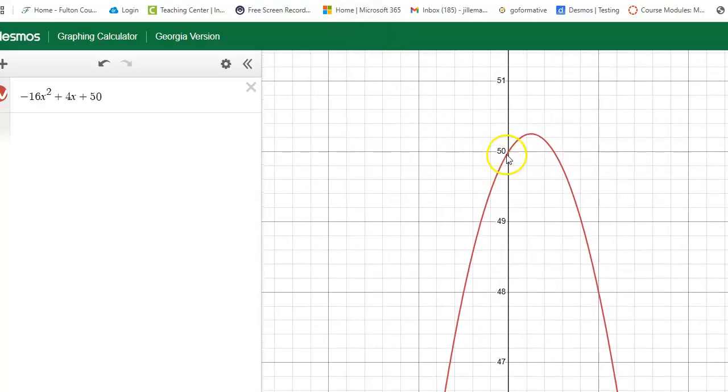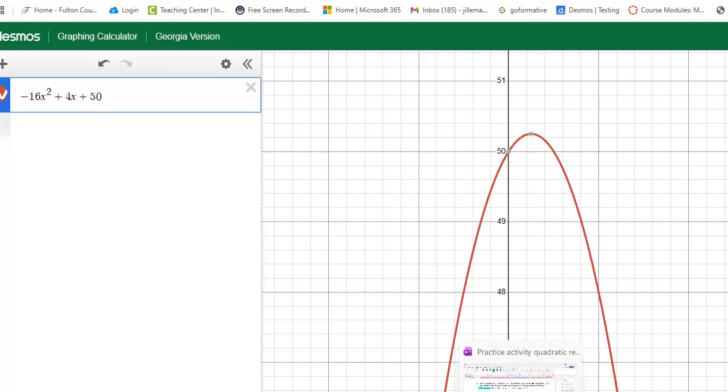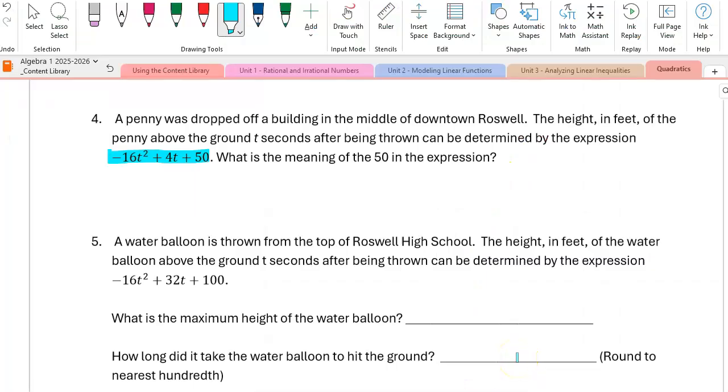Let me make this just a little bit bigger so we really can see. All right, so if I click right here at the y-intercept, 50 is the starting amount. Okay, so let me go back here. Let's talk about this. Let me get my pen. So right now I know 50 is the starting amount.